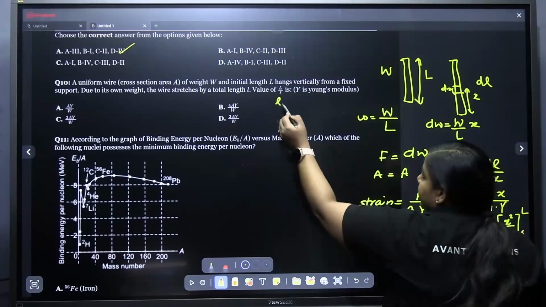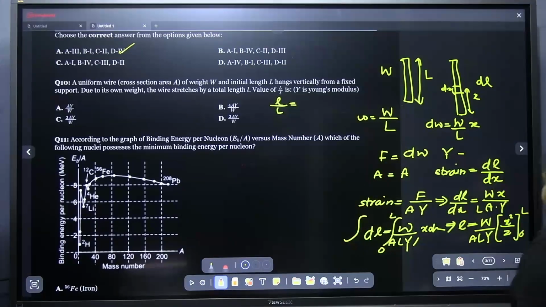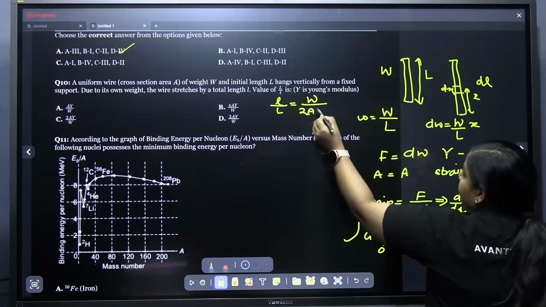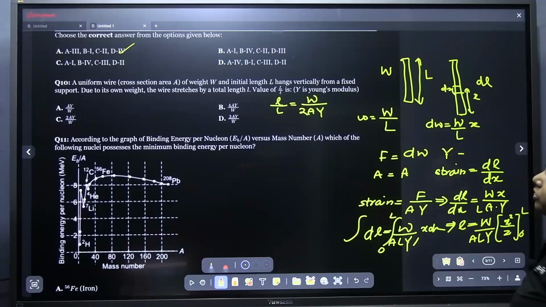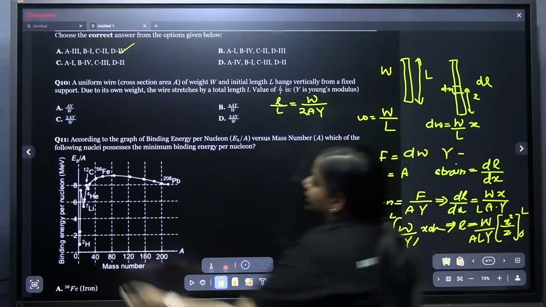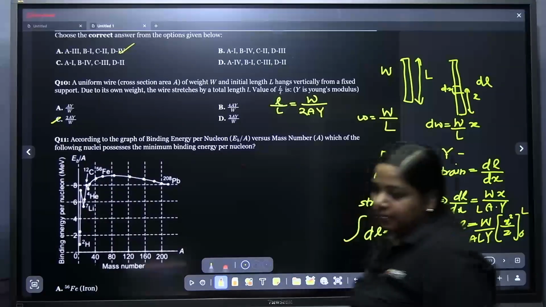So you will get l by L is equal to W by 2 A Y. You have to find capital L by small l, so find the reciprocal. Answer will be option C.